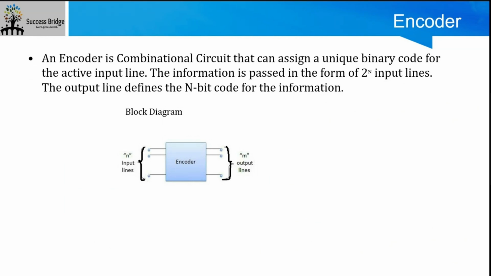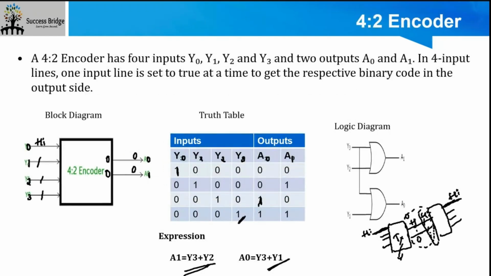And then we have the encoder, with n input lines and m output lines. It's a combinational circuit that assigns a unique binary code for the active input line. Okay, so encoders and decoders are extensively used as part of your SOC design. Let's see a 4x2 encoder. A 4x2 encoder will have 4 inputs and 2 outputs.